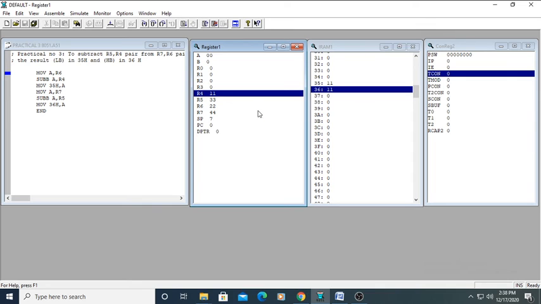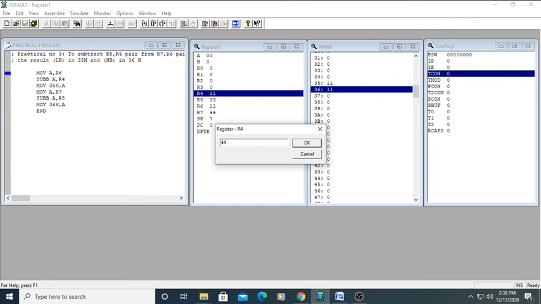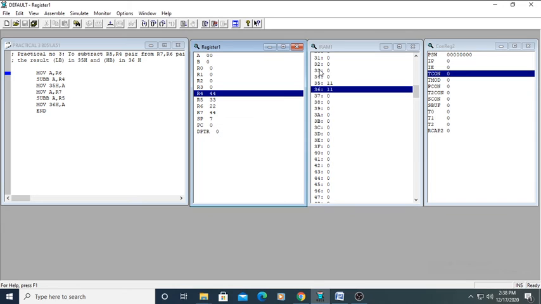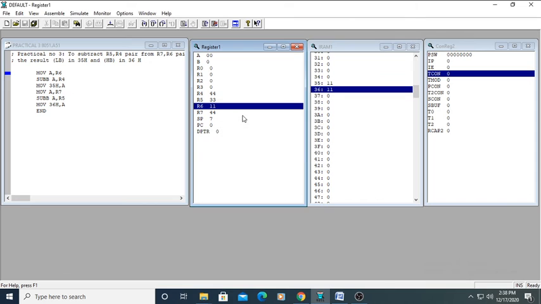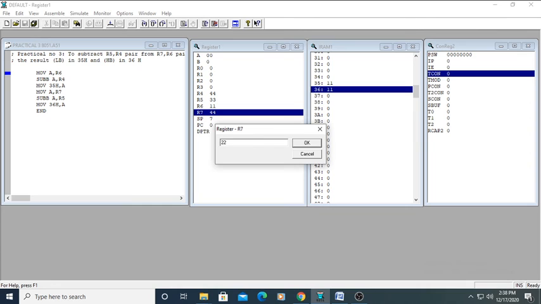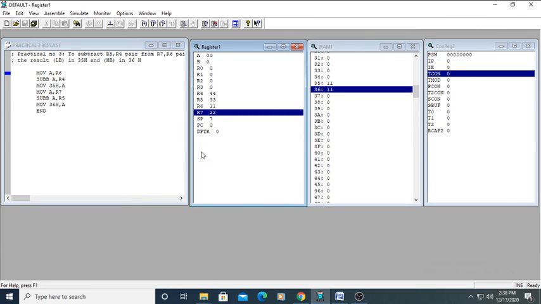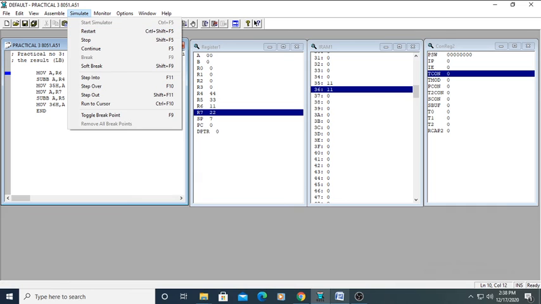So what is this? 44 ice, enter, and here 33 is same, and here 11 ice, enter, and then what, 22 ice, enter. Okay, now let's see, simulate.